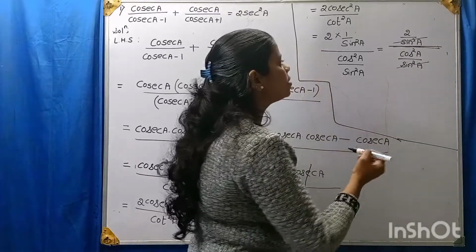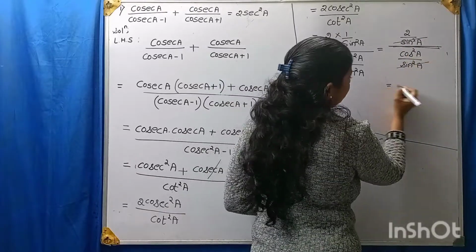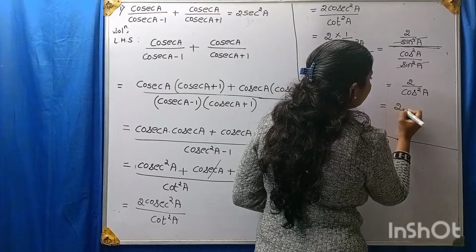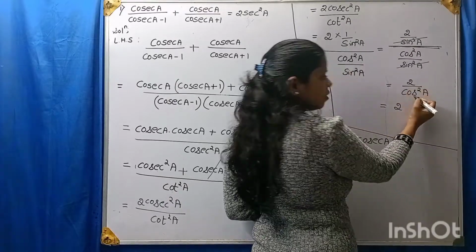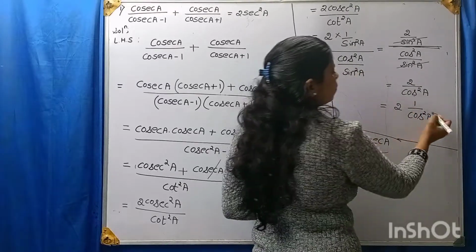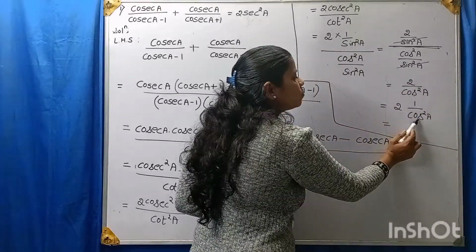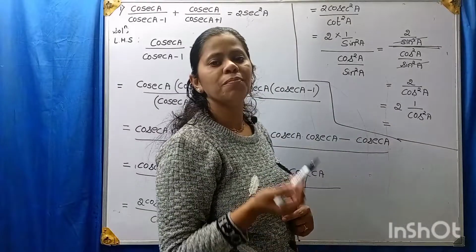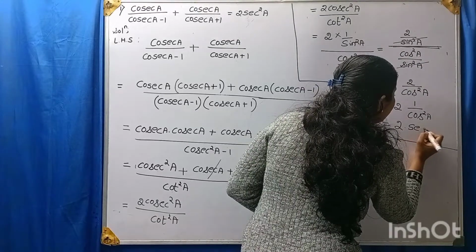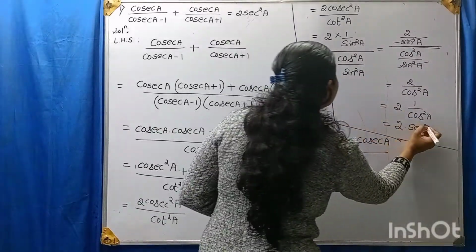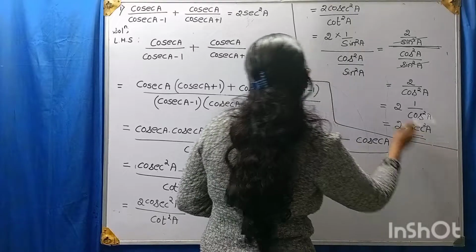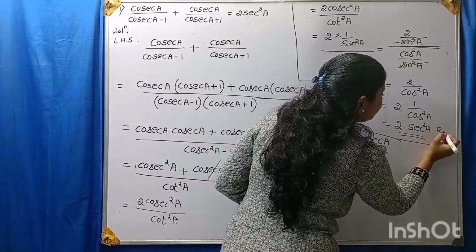Then what is left? 2 divided by cos square A. I can write it as 2 into 1 by cos square A. And we know that 1 by cos square A is secant square A, because 1 by cos A is secant A. Therefore, I can write it as 2 secant square A. That is what our RHS is.